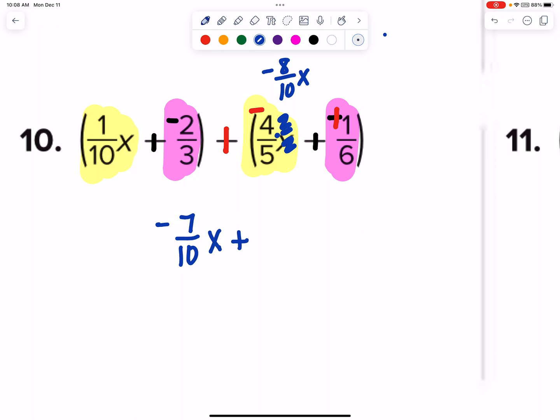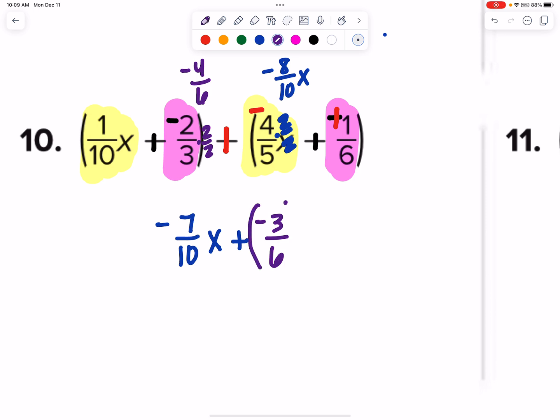I need those to say sixth on the bottom. So we're going to multiply by 2 over 2, which puts us at negative 4/6. A negative 4/6 and a positive 1/6, different signs subtract, and we're at a negative 3/6.